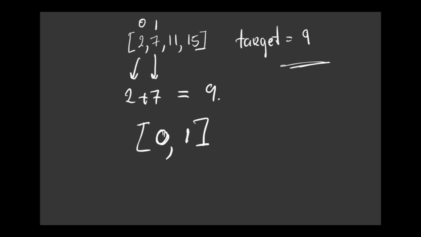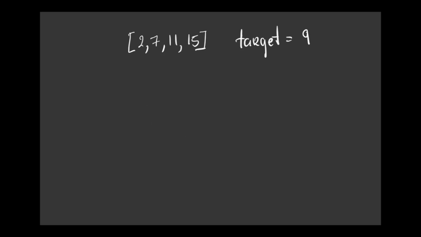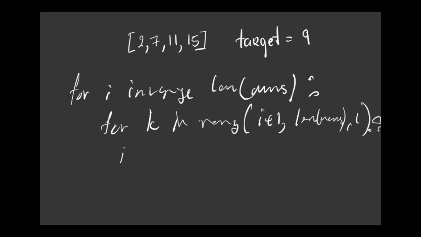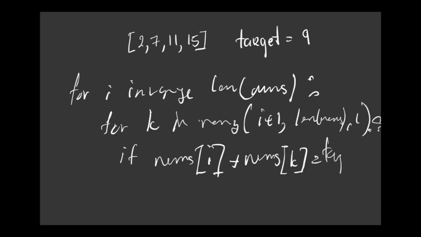So the solution for this answer is going to be an array of 0 and 1. Obviously we can just use a brute force solution with nested loops, by having two for loops like this: for i in range len nums, and for k in range i plus 1 to len nums, and if nums at index i plus nums at index k equals the target number, then we can just return i and k, right?